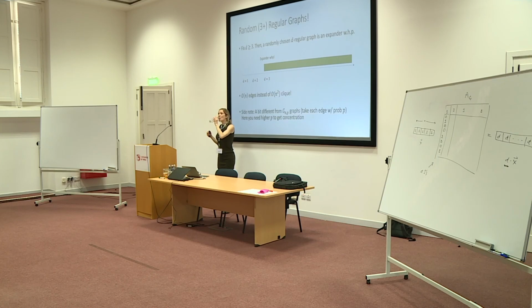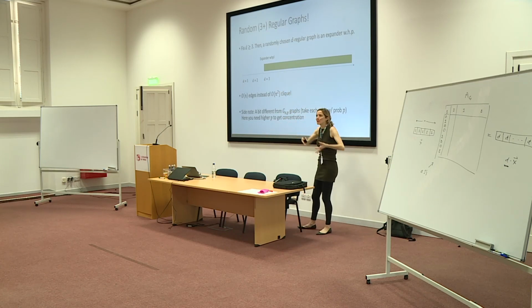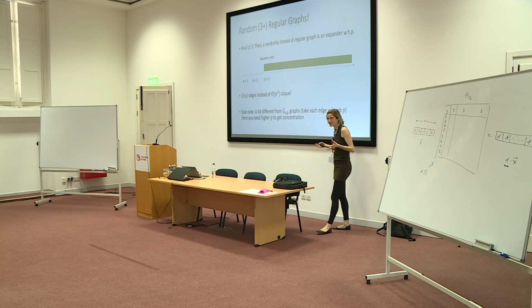So yeah, I also wanted to ask how you sample these graphs. Do you take vertices and then sample edges until you have d edges for each vertex, or how does it work? Okay, good. Yeah. So this is a very clean statement, but it's kind of complicated. How do you sample a 3-regular graph at random?